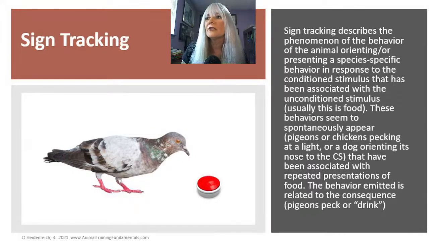We do find similarities between sign tracking and superstitious behavior. Superstitious behavior is when a behavior that's not related to the behavior that's supposed to be reinforced gets reinforced. So I don't know that that's necessarily the same. I think that's maybe a little bit different.